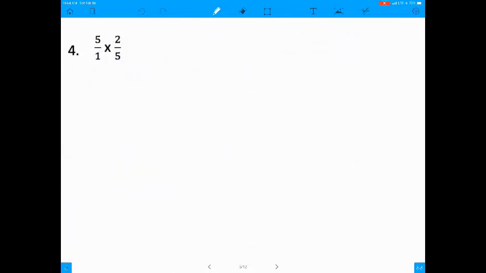Number 4, we have 5 times 2 and we get 10, and then 1 times 5 and we get 5. If ever you look and you see the top number or the numerator is greater than the denominator, you know you have to simplify, because it'll either be a mixed number or it will be an integer, a whole number, one of the two.